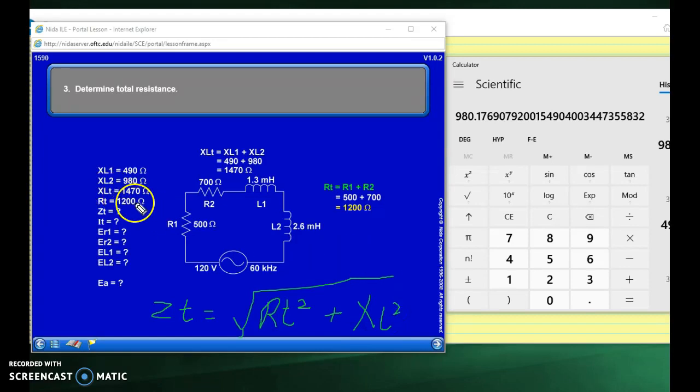So we got our RT, we got our XLT, so we've got to apply that formula. A couple of different ways to do it. If your calculator's got parentheses, this one does.